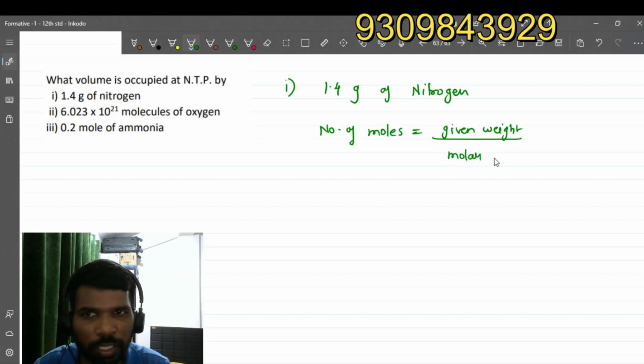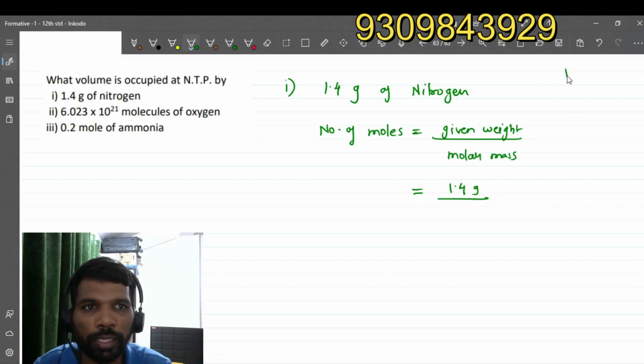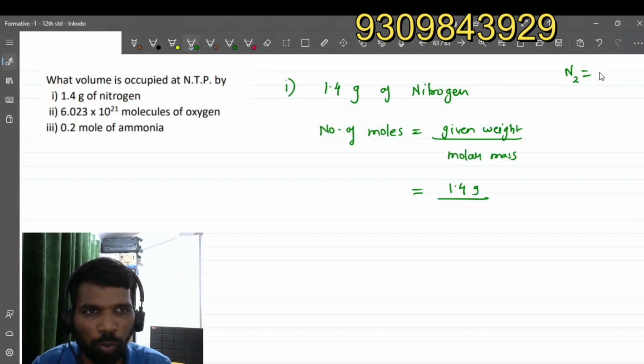Since it is nitrogen, it will exist as nitrogen gas, N2 is a molecule. You can also say molecular mass over here. Given weight is 1.4 gram. And what is the molar mass of N2 gas? This will be provided to you, or the atomic mass of nitrogen is given. You should be easily able to calculate the molar mass: 2 into 14, which is equal to 28.